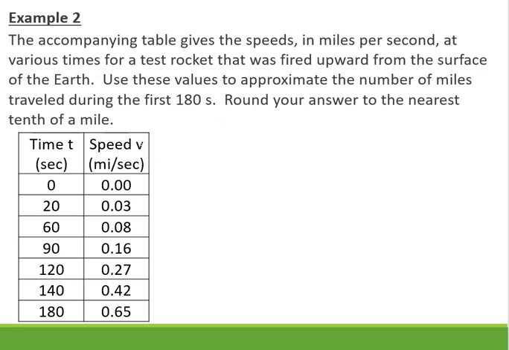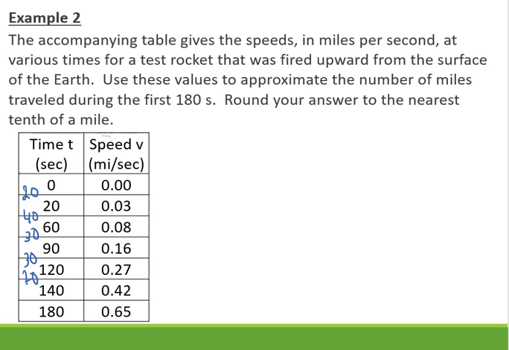Now notice how each one of these, okay, the difference here is 20. The difference here between these two bases is 40. And then I have 30. And then I have 30 again. Here I have 20. And here I have 40.